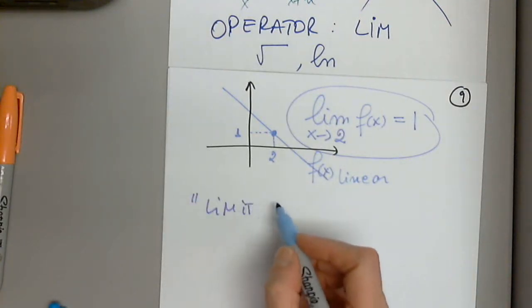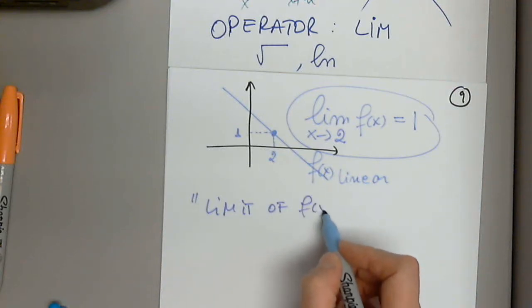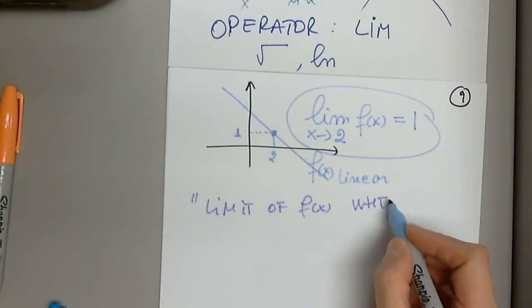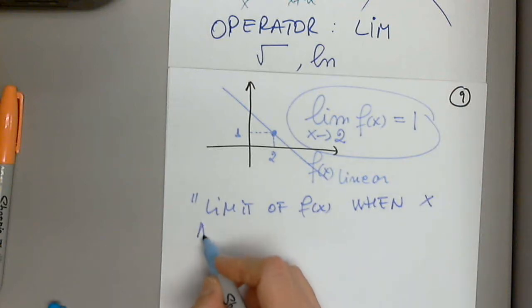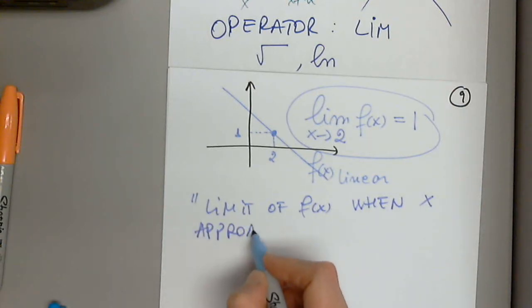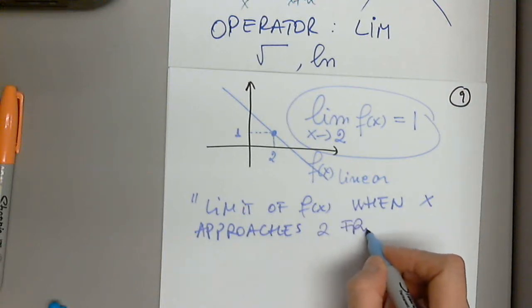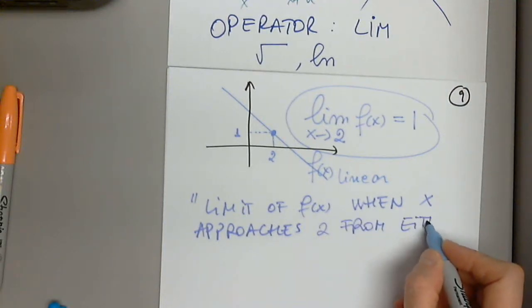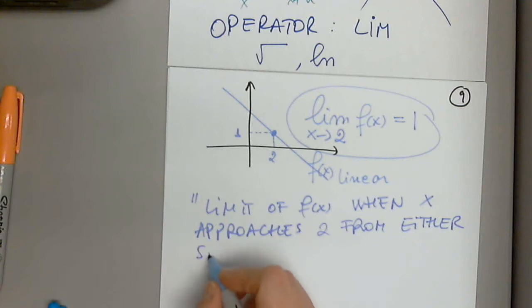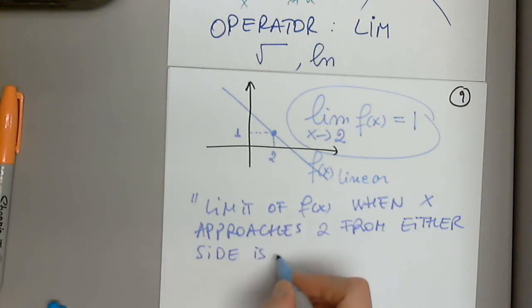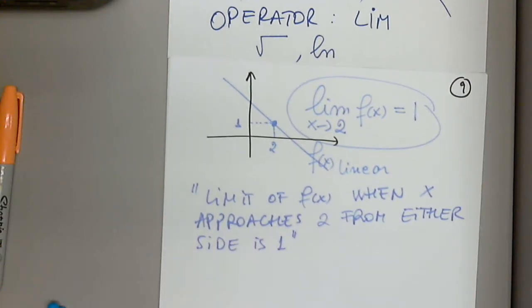Limit of f of x when x approaches 2 from either side is 1. I know it's a mouthful. So limit of f of x as x approaches 2 from either side is 1.